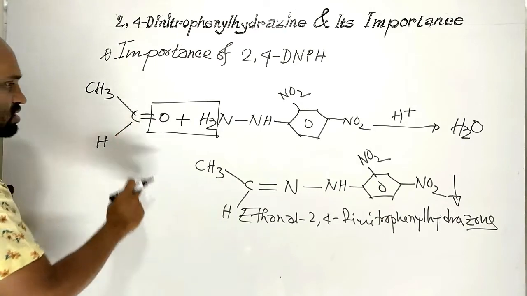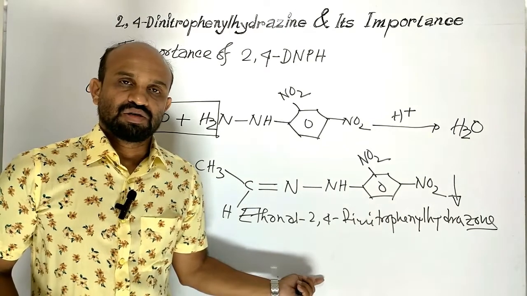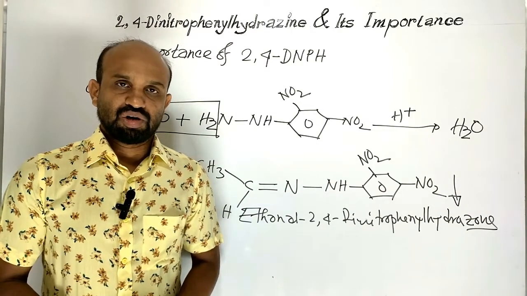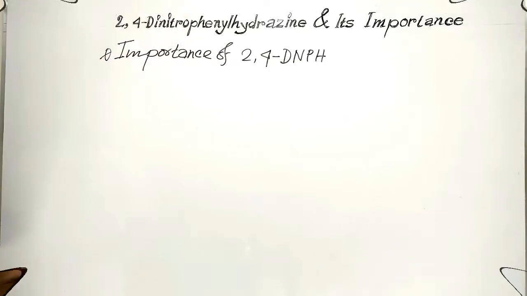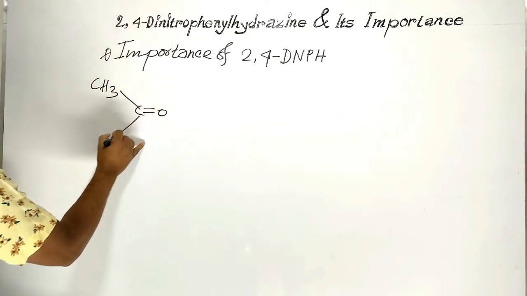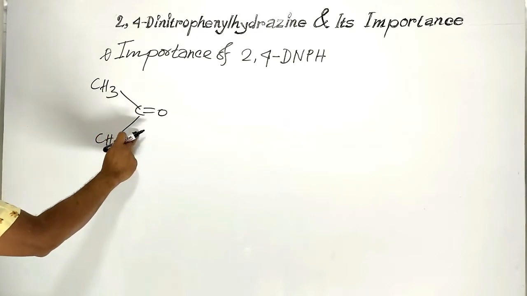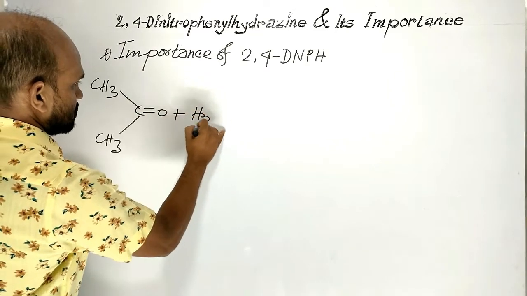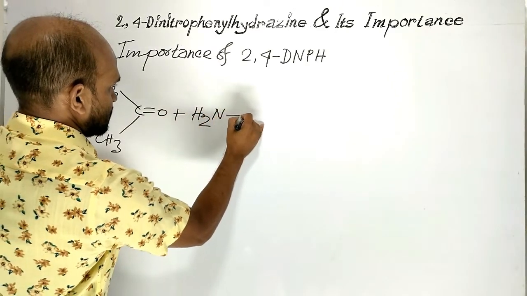Now let's see detection of ketone, that means carbonyl compound. Ketone. Let's consider this compound, which is propanone. It is treated with 2,4-DNPH.